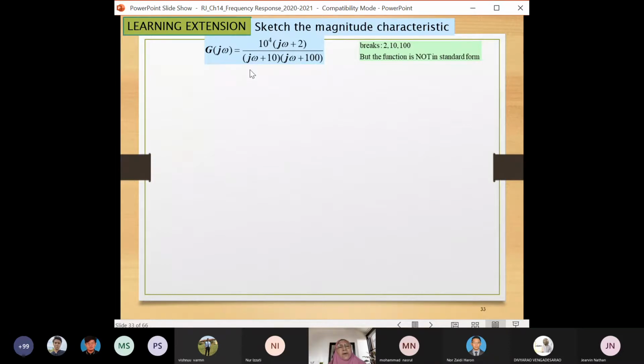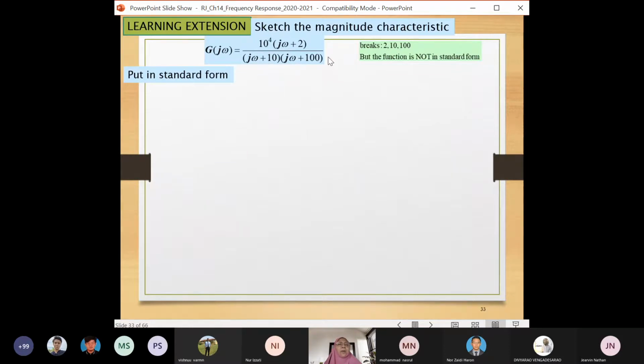So here you see it is not in the standard form. You can change it into the standard form, but you see there are four parts to it. One is K, zeros, the poles: two poles at the bottom, one zero from the numerator. Here you know straight away you can see 2, 10, 100 as the break or the corner frequencies. When you put it in standard form, you divide by 10, divide by 10, divide by 100.